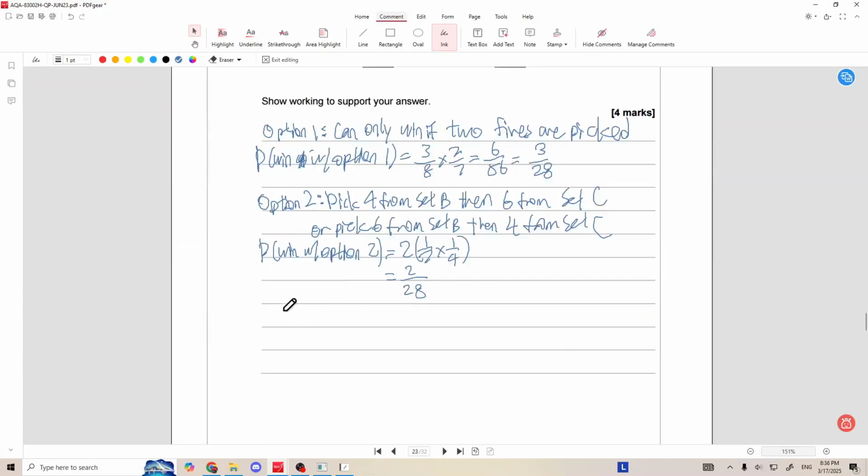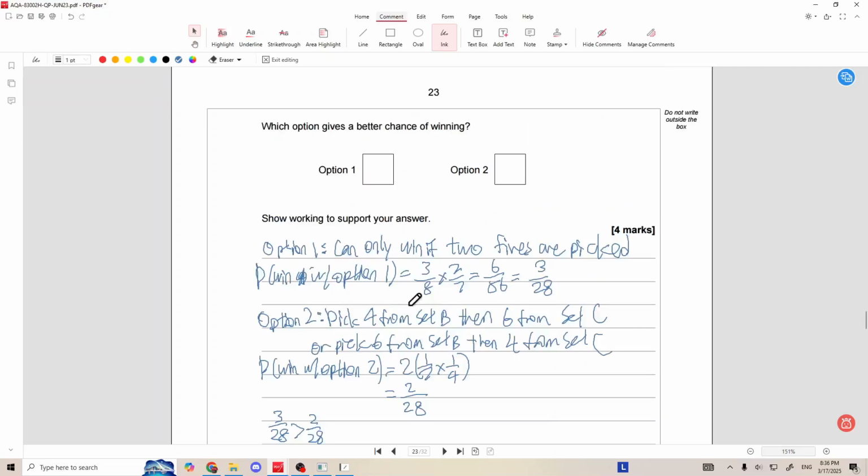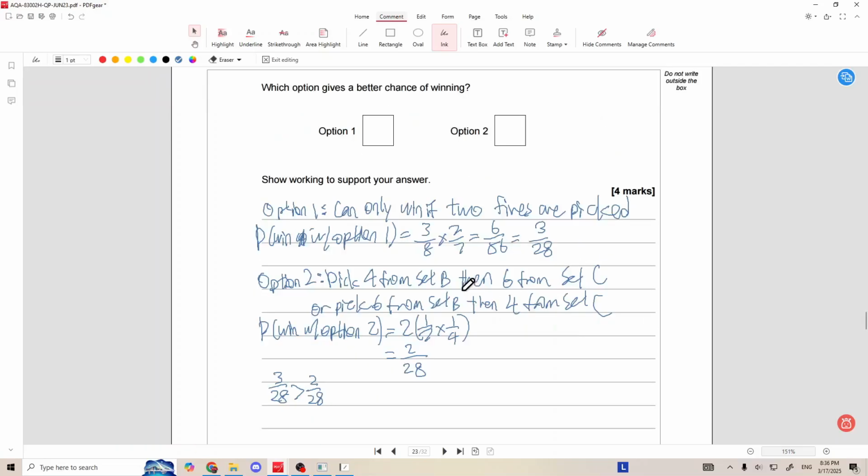It's very easy to deduce that 3 over 28 is more than 2 over 28. So there is a better chance of winning with option 1.